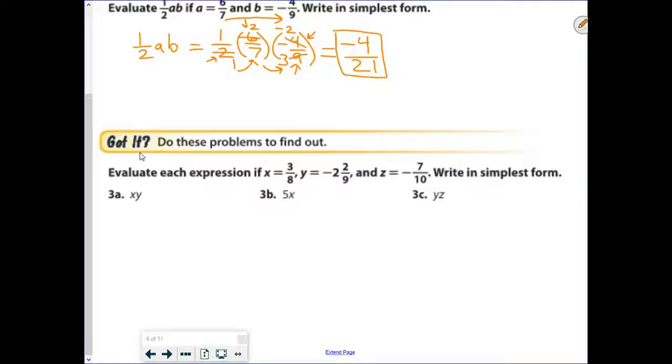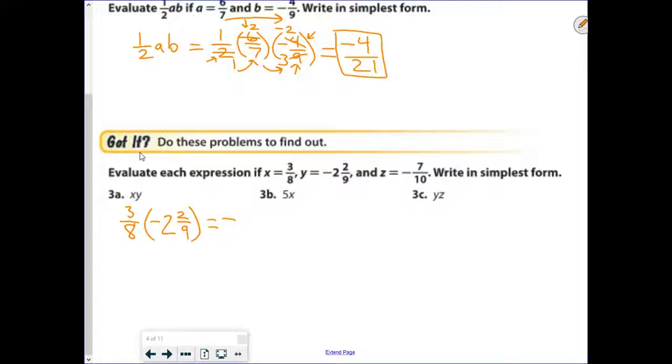Let's take a look at one more problem. I have x times y. 3/8 is my x, and y is negative 2 and 2/9. So again, I can see right away a positive times a negative is going to give me a negative answer. So let's keep that in mind as we go through this problem.